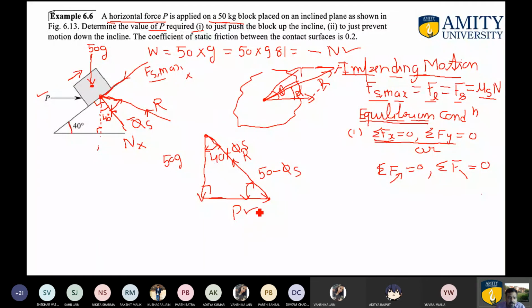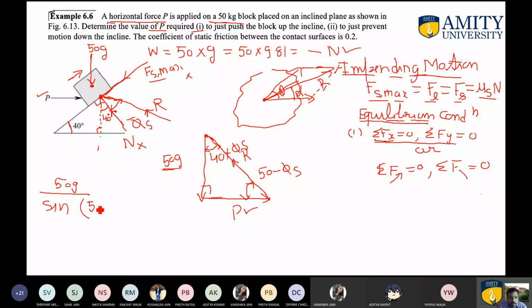Now you are required to find the value of P. So very easy. In this particular triangle, you are required to apply the sine rule. Once you apply the sine rule, in only a single step you will get the answer. So now I am going to apply the sine rule. So 50g, which is this particular force, divided by sine of the angle between the other two sides. So the other two sides are R, the angle between them is 50 minus phi s.